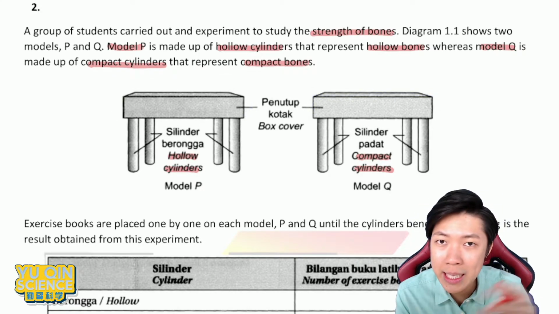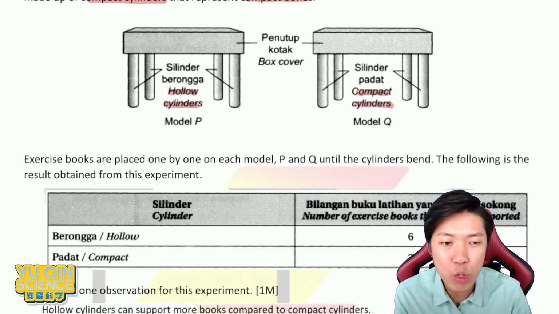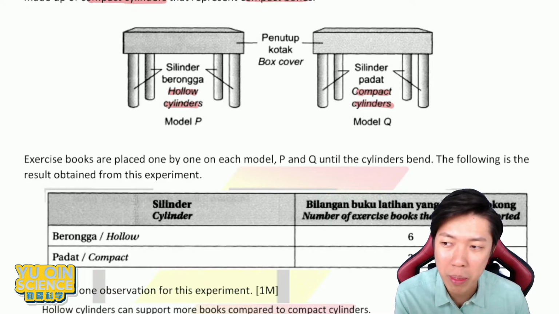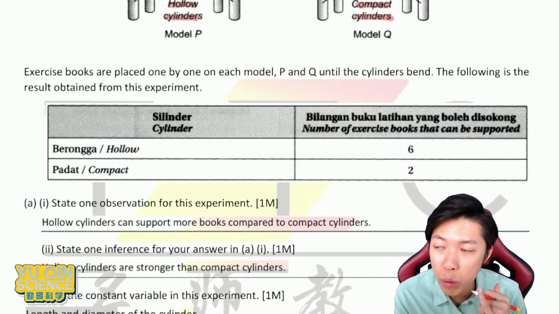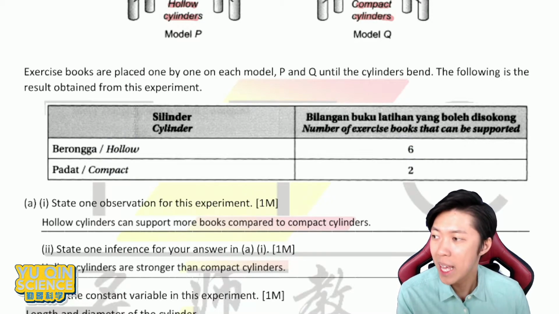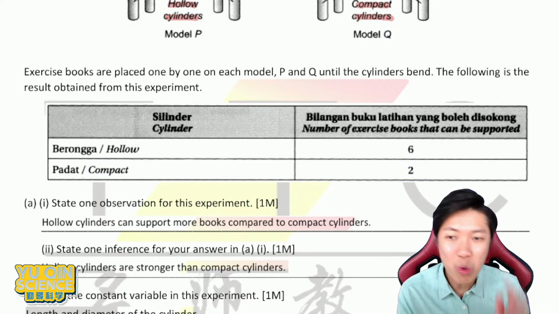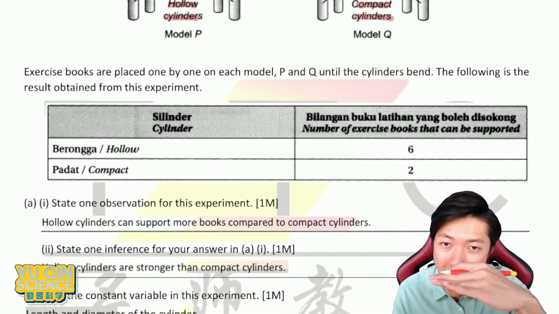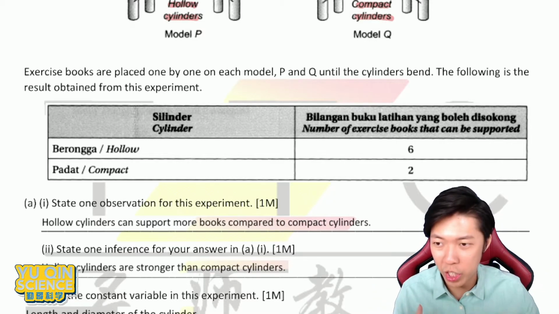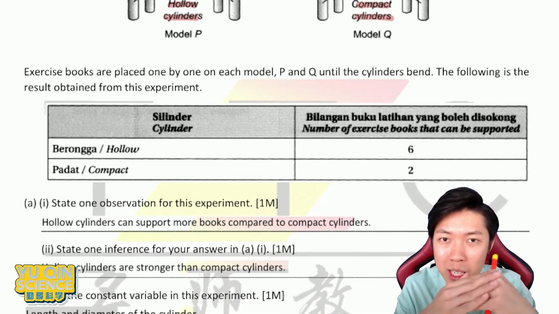We will stack books on it and see how many books it can hold. So the empty hollow one can hold 6 books and the compact bones can hold 2 books, then it collapses. That means I put 1, 2 for compact, but for hollow I put 1, 2, 3, 4, 5, 6, then it collapses.